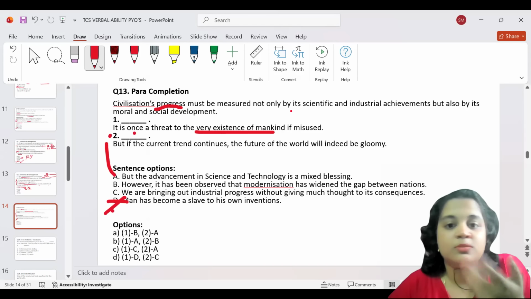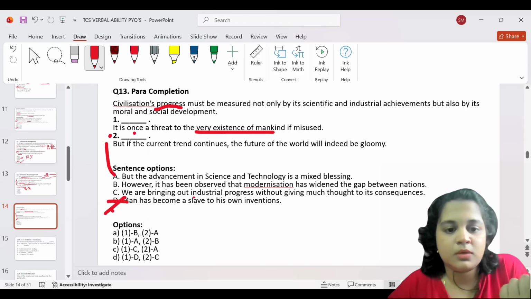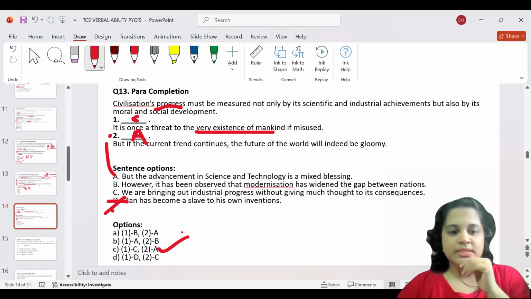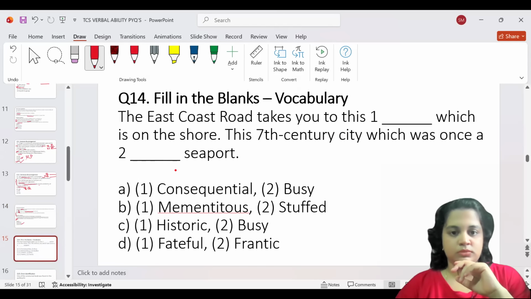So we're not talking about modernization in the first sentence. It's about some industrial progress. So it has to be 1C and 2A. The correct answer is option C, which will be 1C and 2A. I think that will be your most correct answer. All right, let us go to the next question.